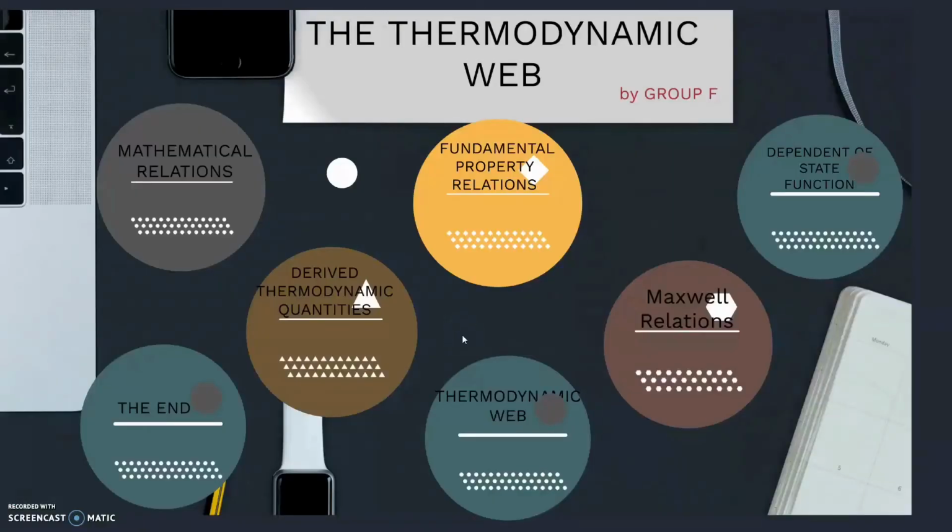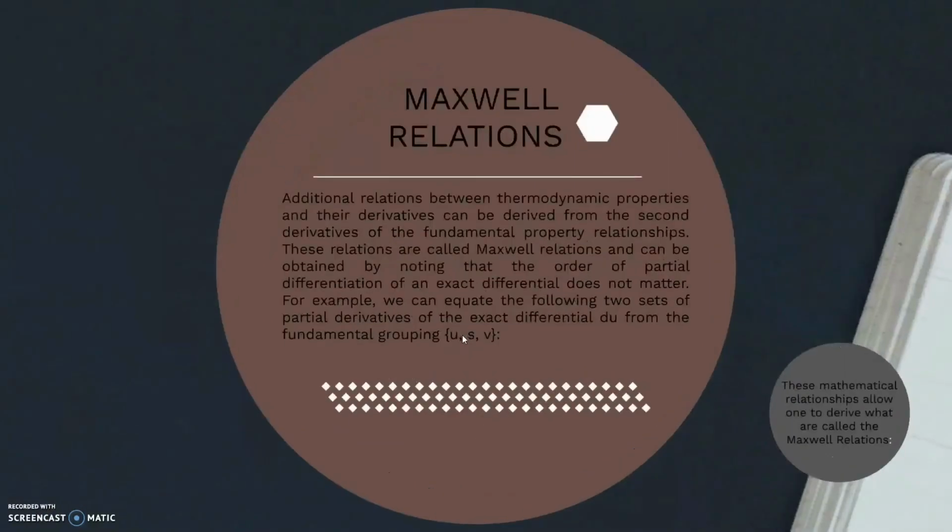Okay, so let's get started from where Nizar left off. Next is Maxwell relations. Maxwell relations are additional relations between thermodynamic properties, and their derivatives can be derived from the second derivatives of the fundamental property relations.